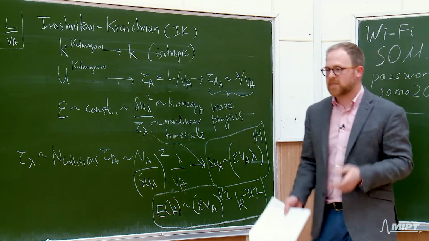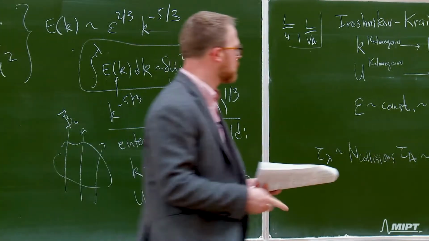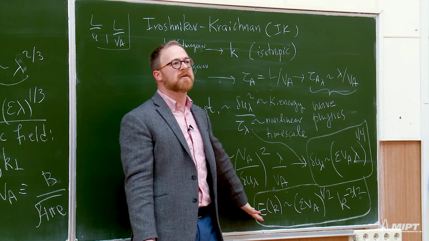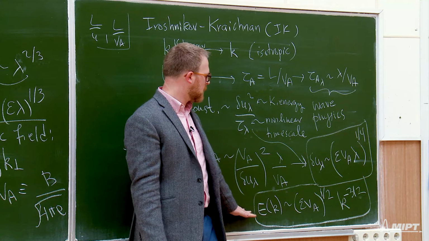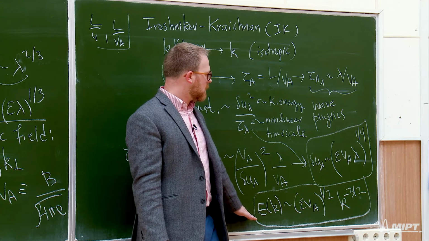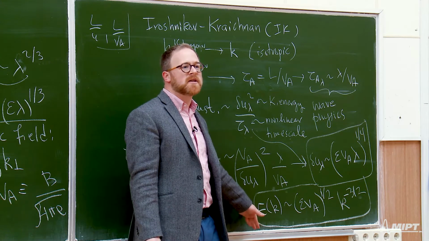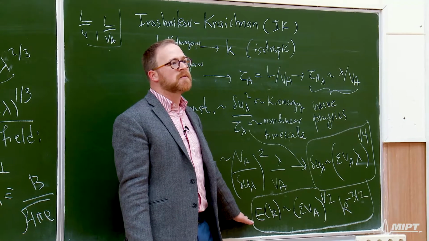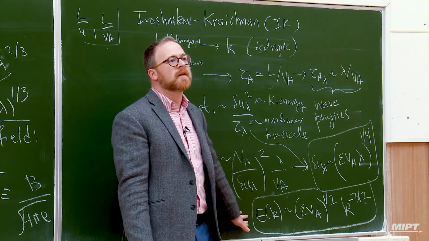And this prediction was pretty much just considered to be true for about 30 years. There started to be some reasons to doubt it when numerical simulations came along, right? One of the first things that emerged from the numerical simulations is that isotropy was not a good assumption.